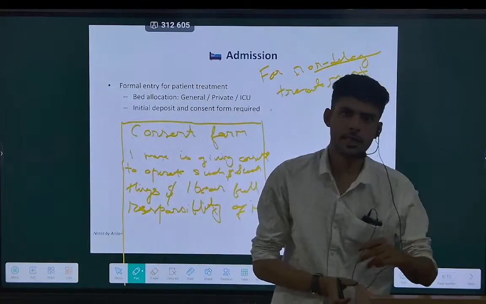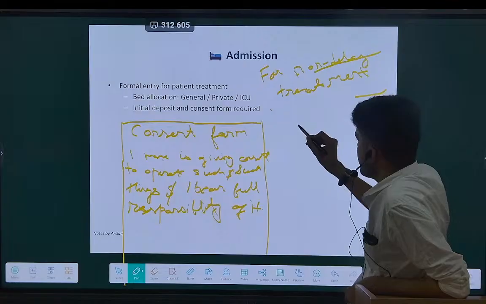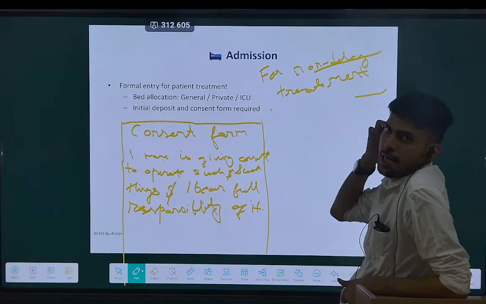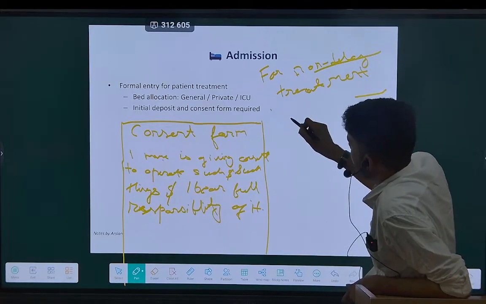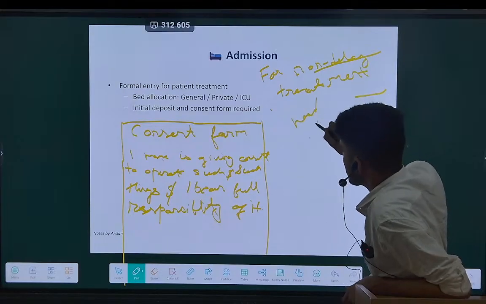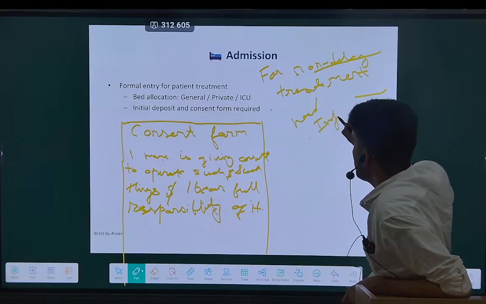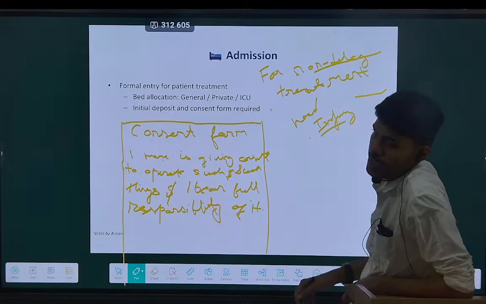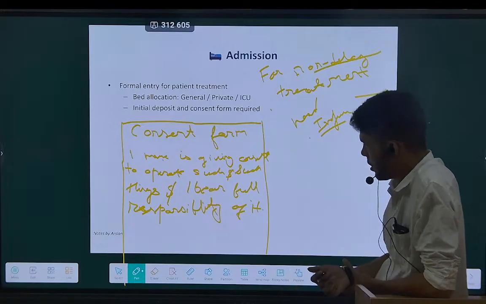Suppose a patient came who got in an accident and he has a head injury. He is losing a lot of blood.